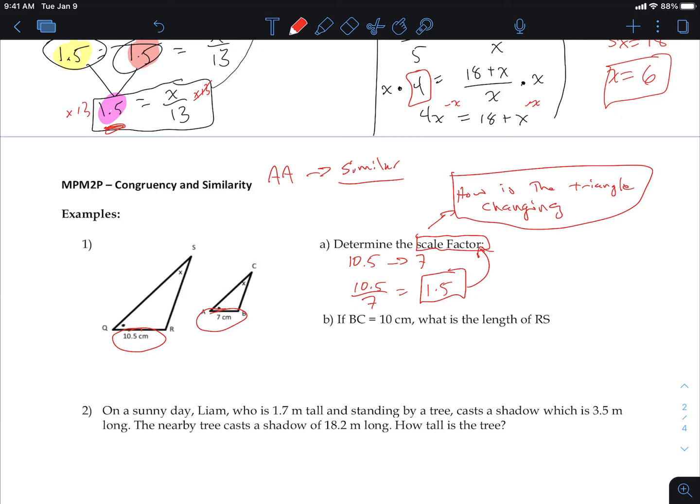So here's what's going to happen. You're going to go from the small one, right? And obviously, if you're going from something small to something big, you're going to multiply by 1.5. If you're going from the big one to the small one, you're going to divide by 1.5. Okay? That's conceptually kind of easy, right?